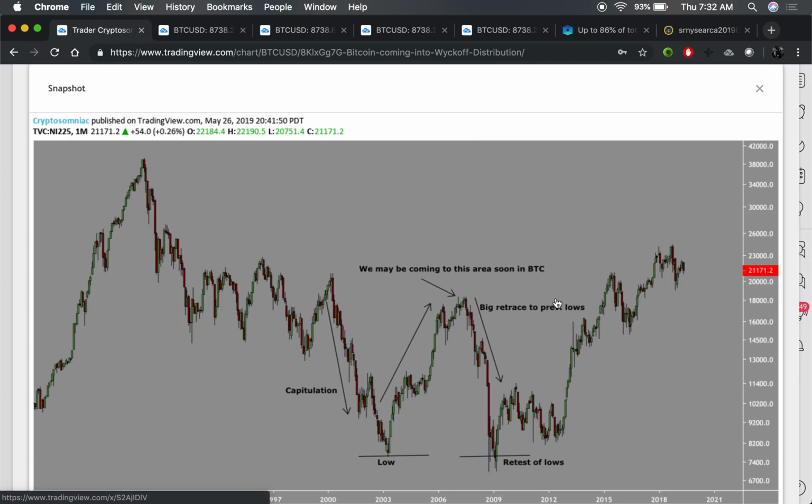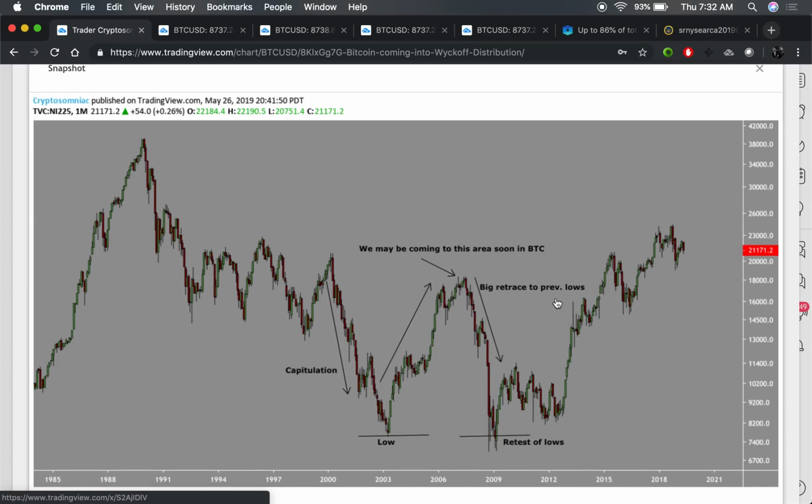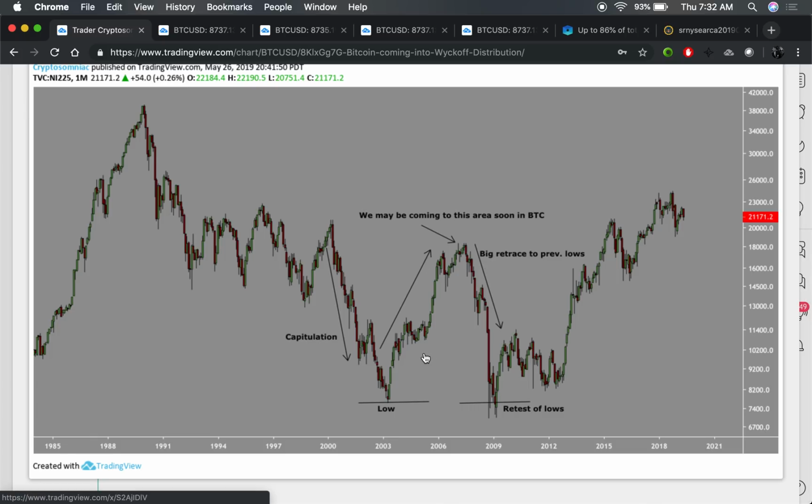Then I also compared it with the Nikkei, which is the Tokyo Stock Exchange. And I mentioned how at some point BTC will have to sort of follow this reversal at the top. Actually, it doesn't have to. I'm just stating that historically, this is how once bubbles capitulate, they create a low and then they spike back up real hard.